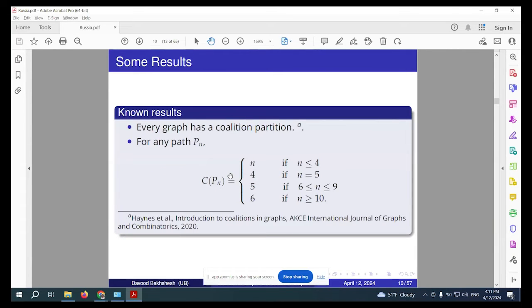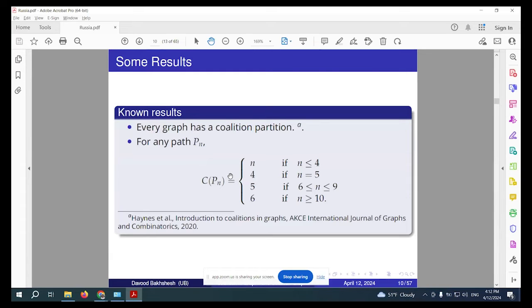Okay, there are some results on this topic. Haynes and others, in their paper entitled Introduction to Coalition in Graphs, presented some elementary results. They proved that every graph has a coalition partition.